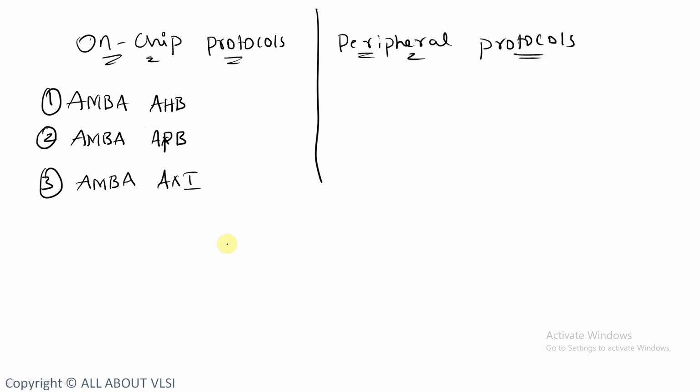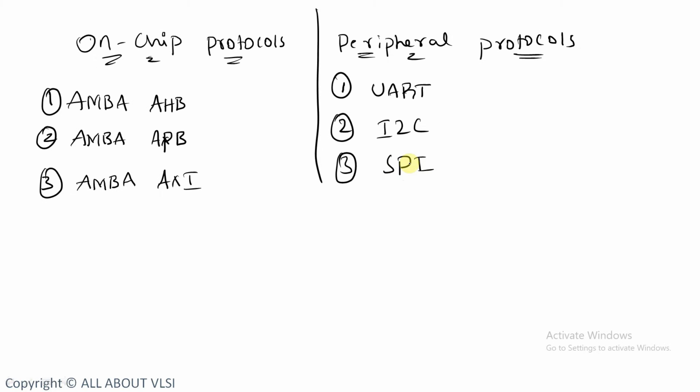These three protocols we are going to learn in this course series. And coming to peripheral protocols, we are going to learn about UART, a very famous protocol, I2C, and SPI.